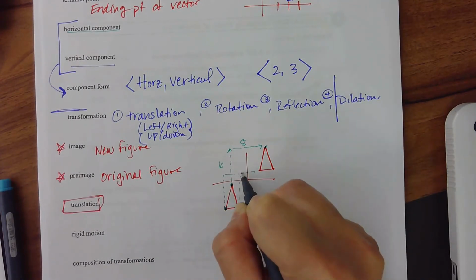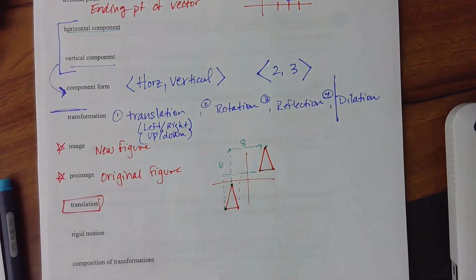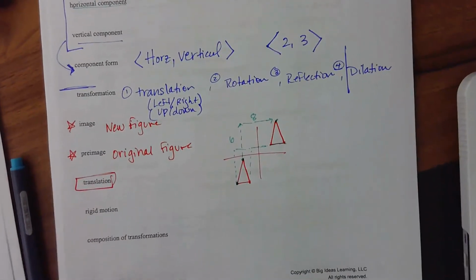And that's where the vector is going to come into play. It's how you're going to move your figure around your grid.